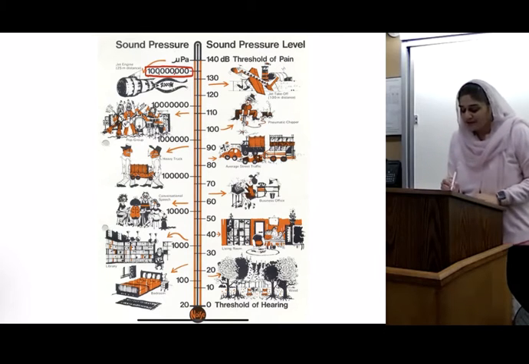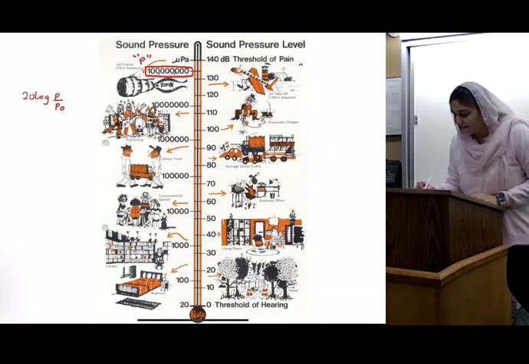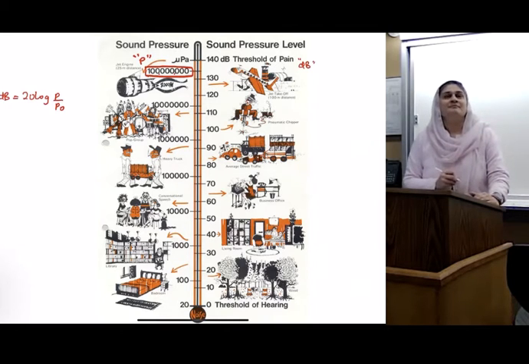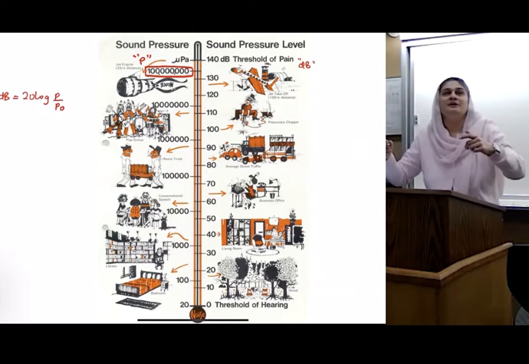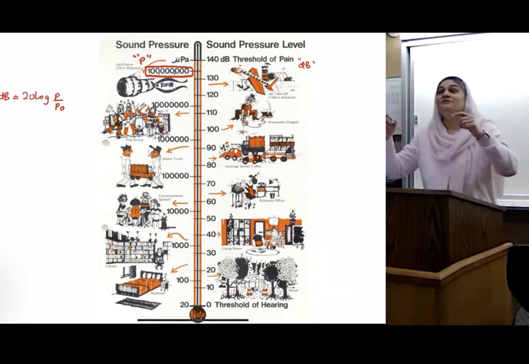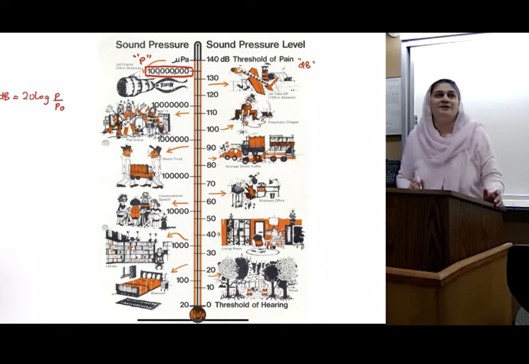So for the decibel scale, this would be 20 log of P over P0, right? So this is the P, and this is the dB. And that gives me my dB. So instead of writing 100 million, 200,000, 50, blah, blah, you could just write 129.